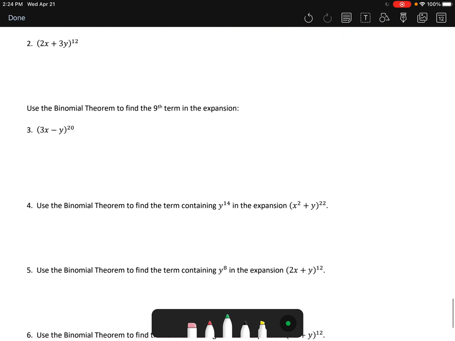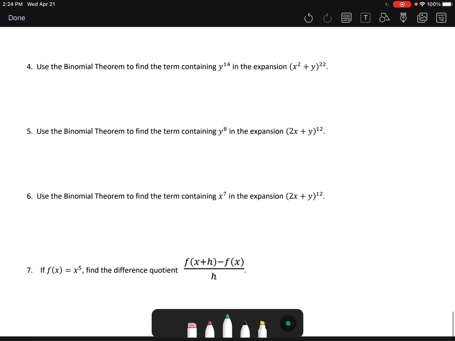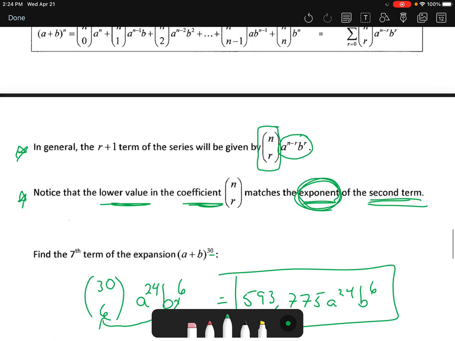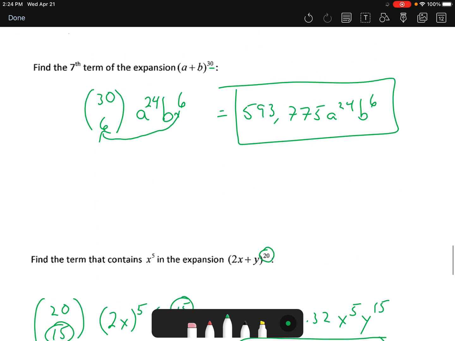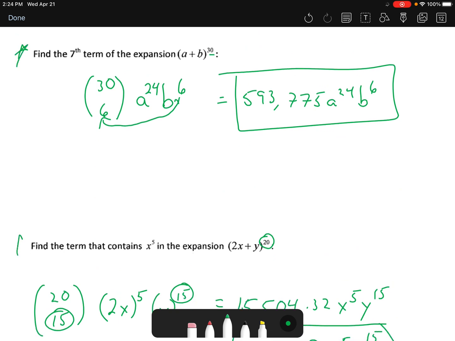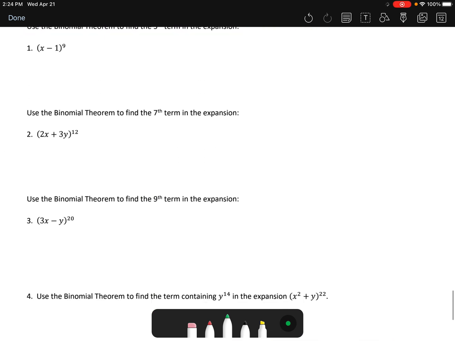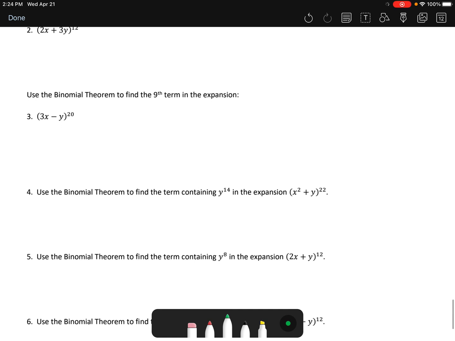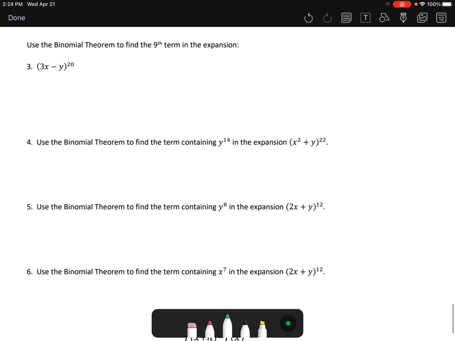Interesting stuff. Now, worksheet number 2 is very similar to what we just did here. This one and this one. I'm going to pick one of these specifically, and I think I'm going to do this one just for the heck of it. Find y to the 8th in the expansion of (2x plus y) to the 12th.